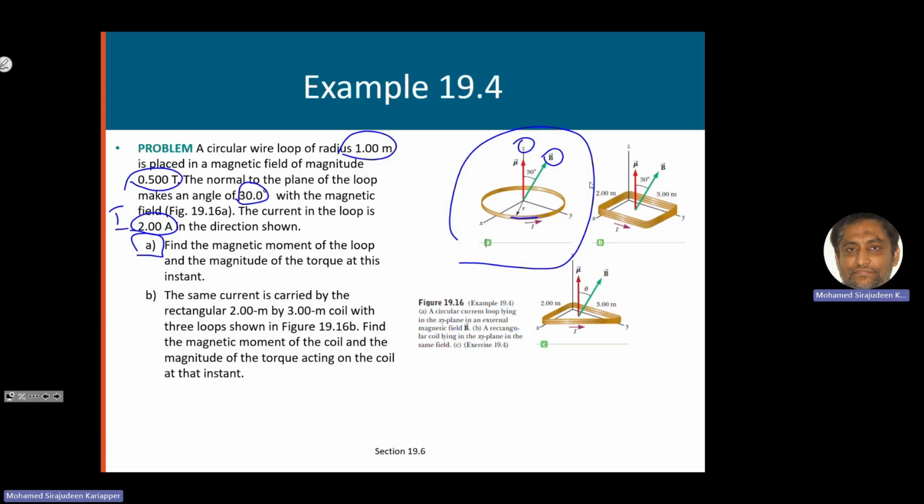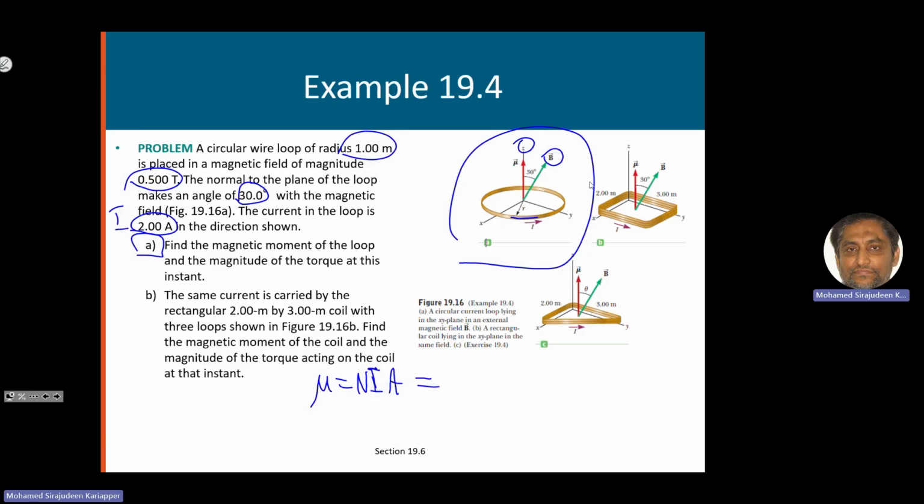The magnetic moment mu is in the formula sheet. It is equal to N, the number of loops, times I, the current through the loop, times A, the area of the loop.